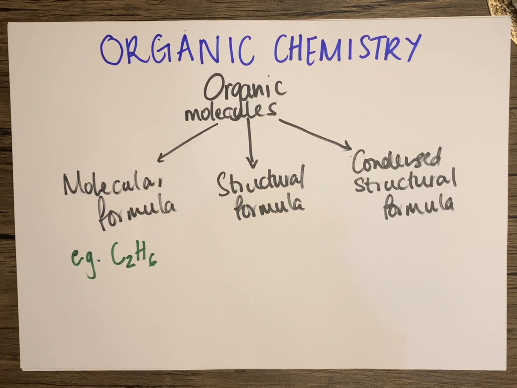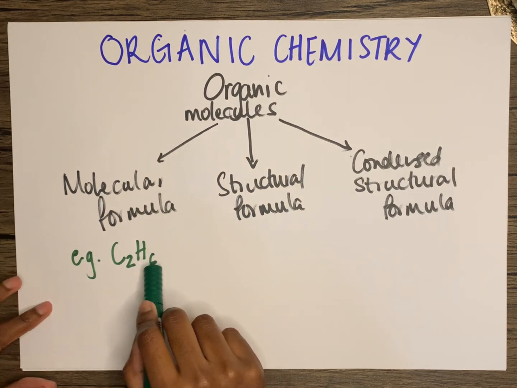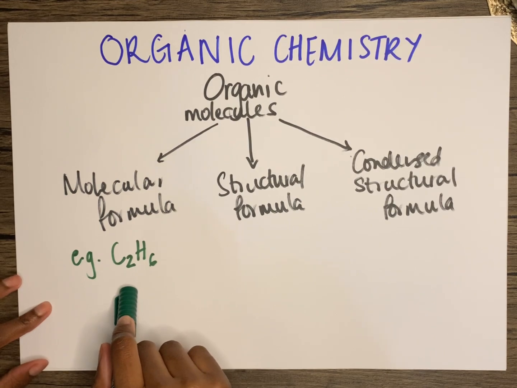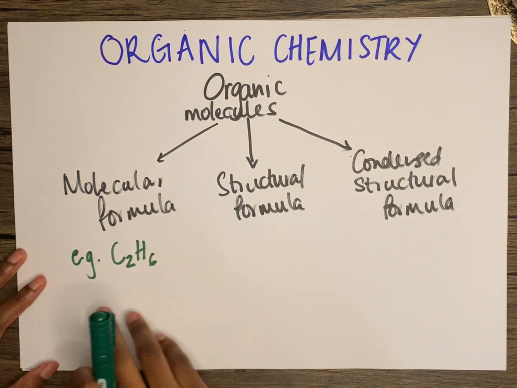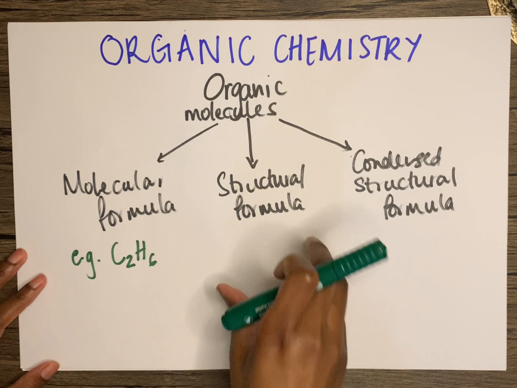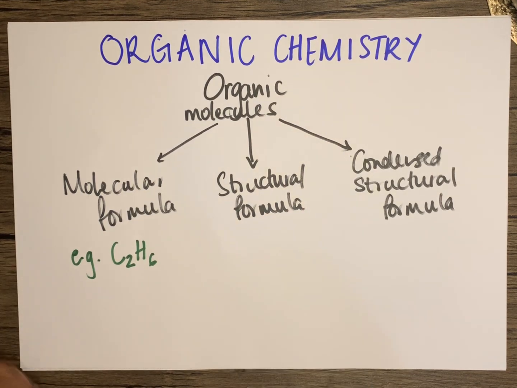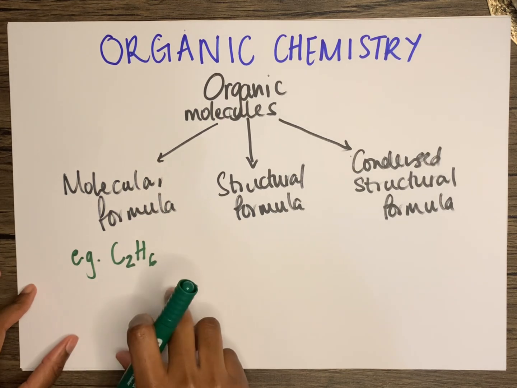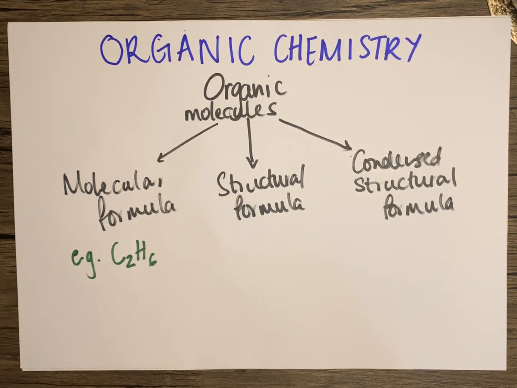So hydrogen can form a maximum of 1 bond, and carbon needs 4 bonds, right? So when we are talking about the structural formula, it must fit the valency of that specific atom. Carbon must always have 4 bonds around it in order to be stable, and hydrogen must have 1 bond.